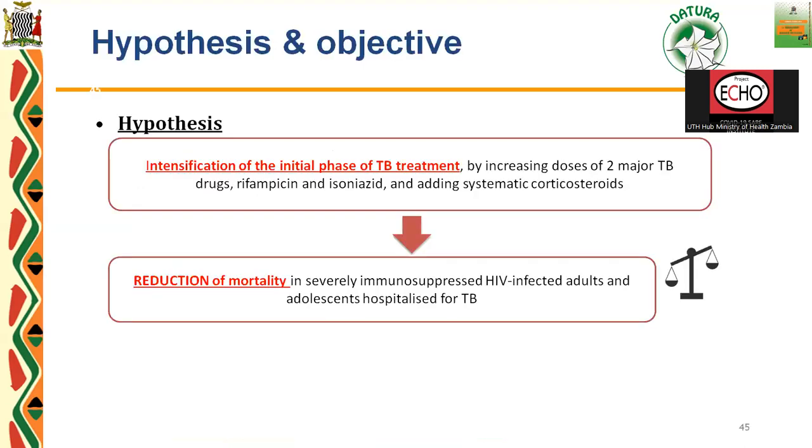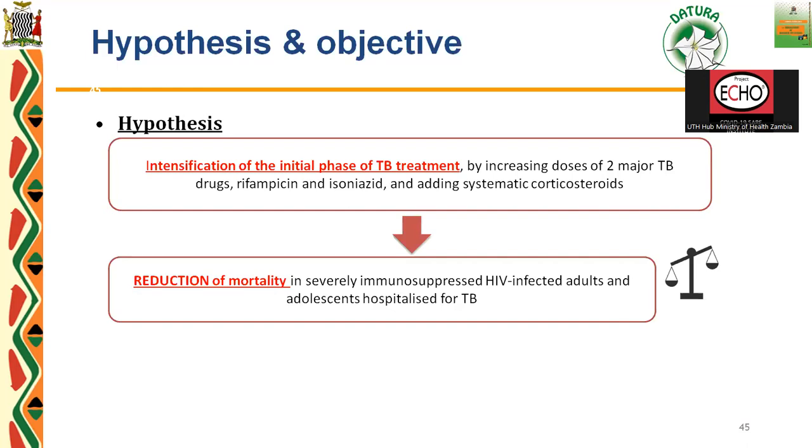So what we want to do here is to have an intensive phase which can reduce mortality, and this will have an increased dose. That's 3 times the normal dose for rifampicin, and twice the normal dose for isoniazid. And then we add systemic steroids for those who are very ill, and see if we can save them compared to those who receive normal regimens.